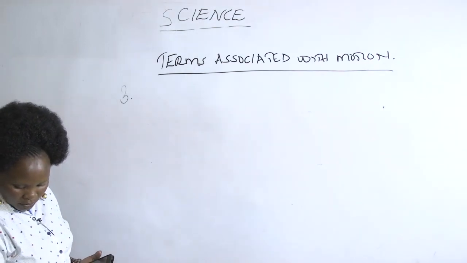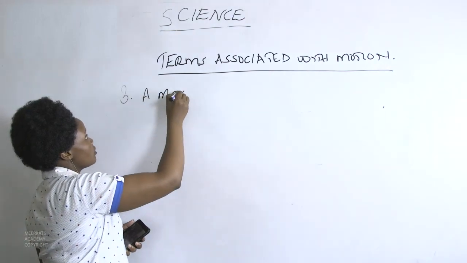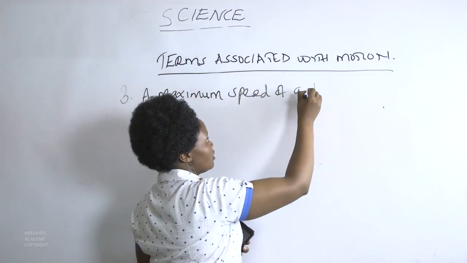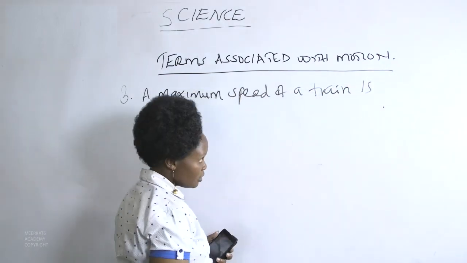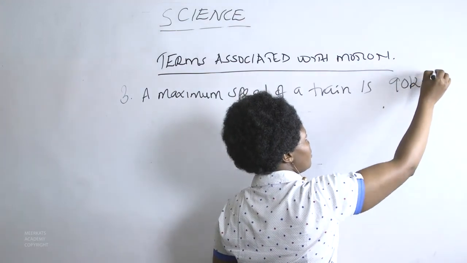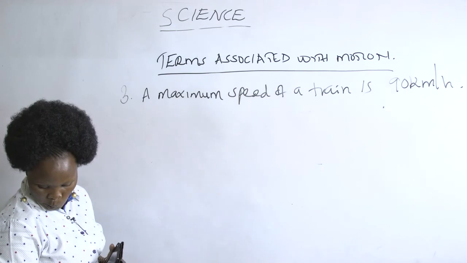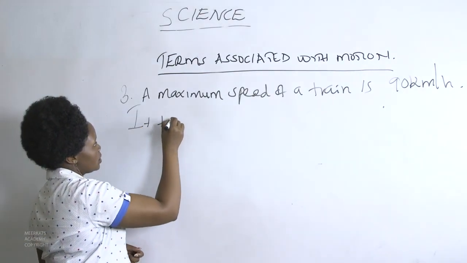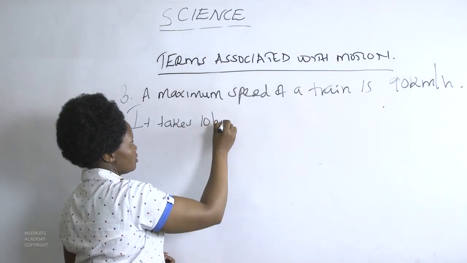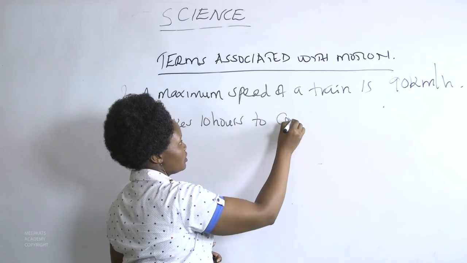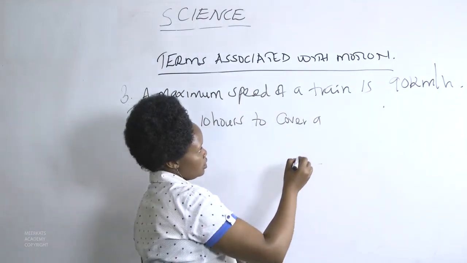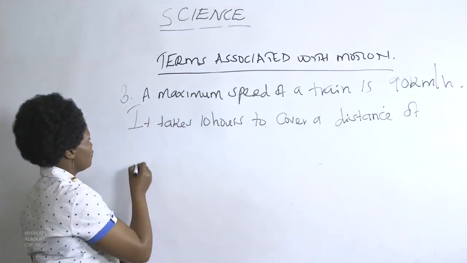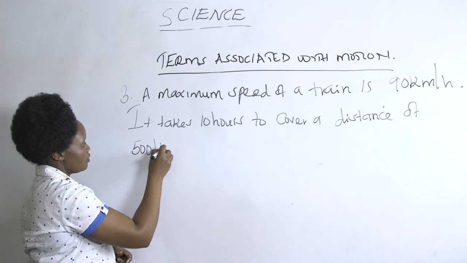A maximum speed of a train is 90 kilometers per hour, it takes 10 hours to cover a distance of 500 kilometers.